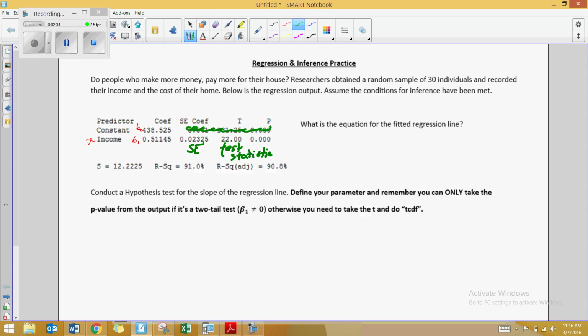So it's asking what is the equation. So the equation, we need the b naught and the b1. And so we'll go ahead and write that out as we predict the cost of a home. So predicted cost, it's going to start at 438.525.